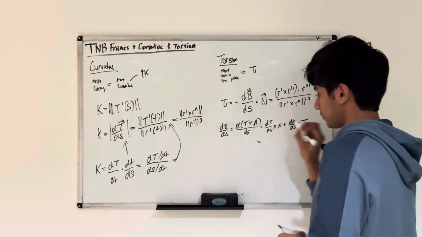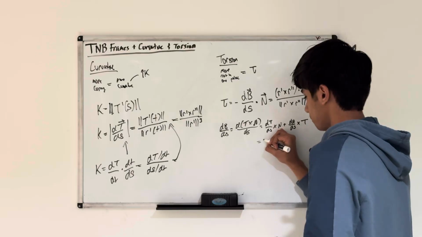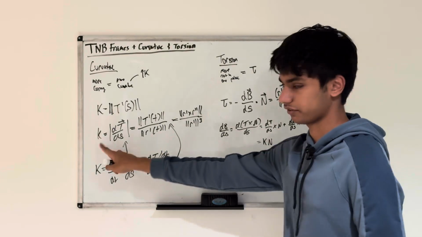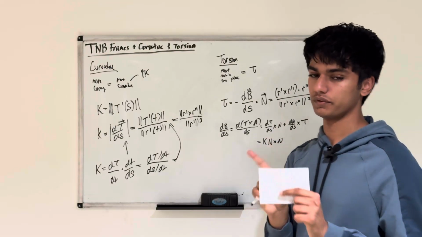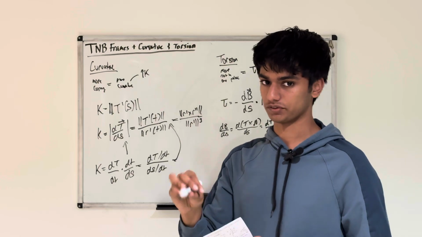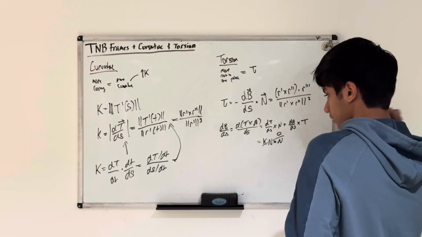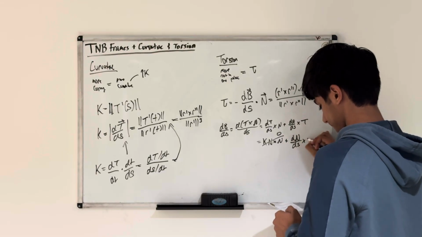Therefore dT over ds would be kappa N, because k is just the magnitude. We know that when we cross two of the same vectors, theta equals 0, so sine of theta is 0. Therefore this is 0, kappa N cross N, plus dN over ds cross T.